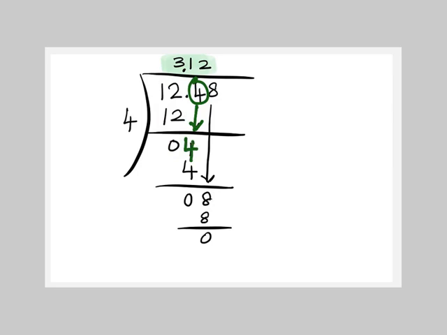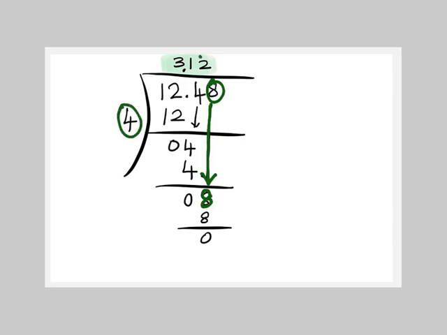And then you have to find 4 times what makes 4. We know that 4 times 1 makes 4. So that is how we write 4 down there. And then again, same number minus same number, 4 minus 4 is 0. And after that we bring this 8 down.